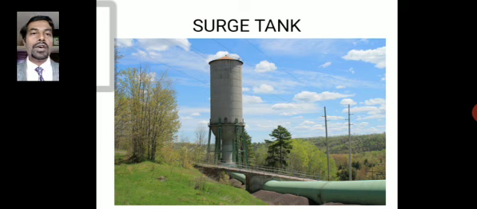In case of sudden closure of the valve at the bottom of the penstock, the water in the surge tank rises and absorbs the extra energy that is coming from the penstock. So the penstock can be protected, and a lot of other damage to the penstock can also be prevented.